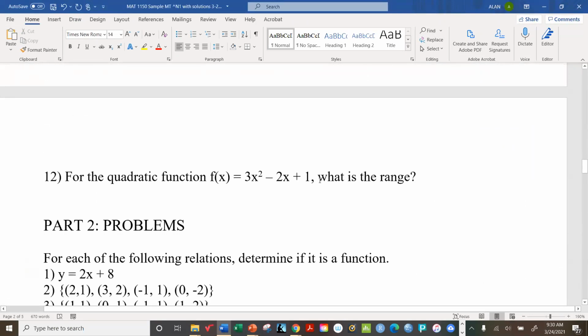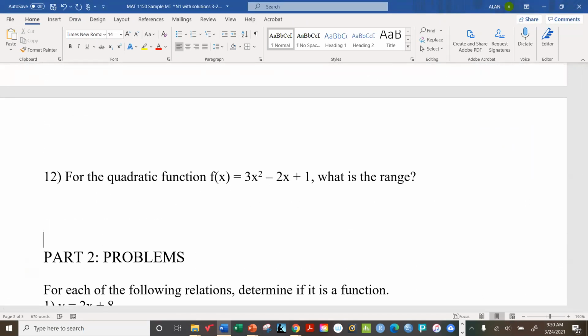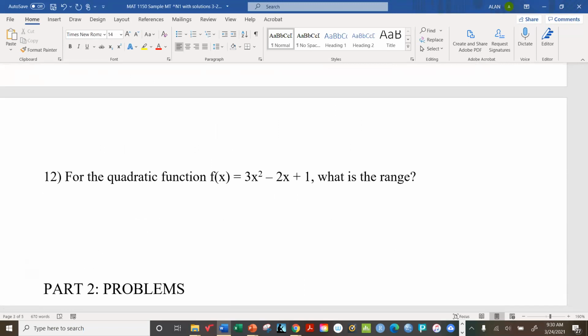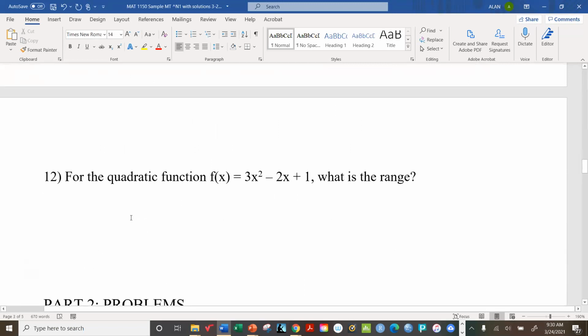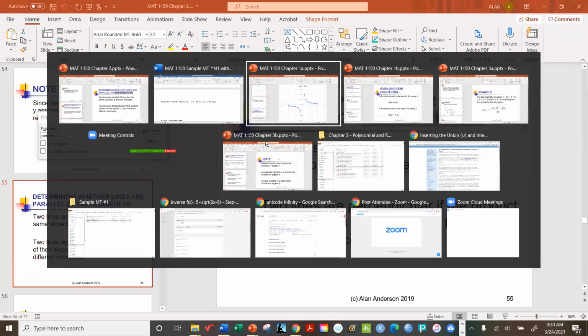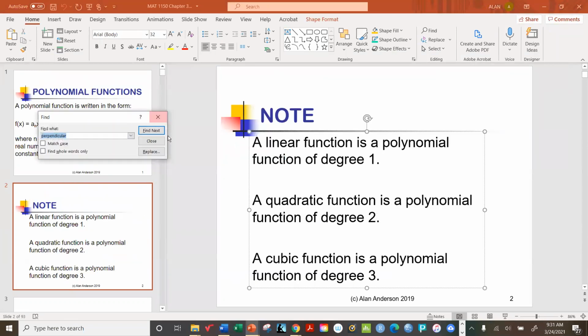Now, the range of a quadratic function. Okay. Now remember, we just did a bunch of these, didn't we? Yes. So where did we find this in the slides? This was probably in 3A.